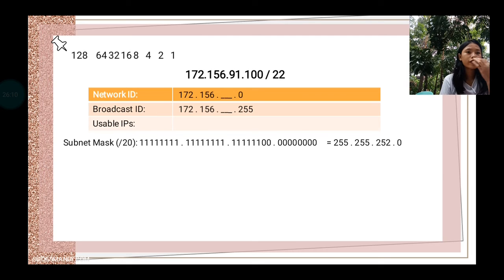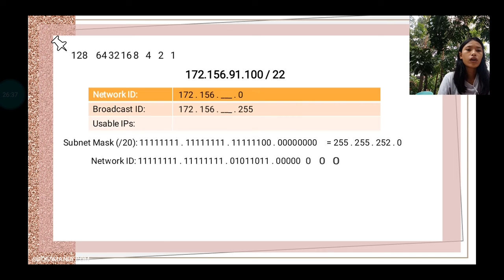And also in our fourth octet, we will change it to 0, since our subnet mask's fourth octet is turned off. Then the 100 in our IP address's fourth octet would also be turned off. So now we can determine our network ID.